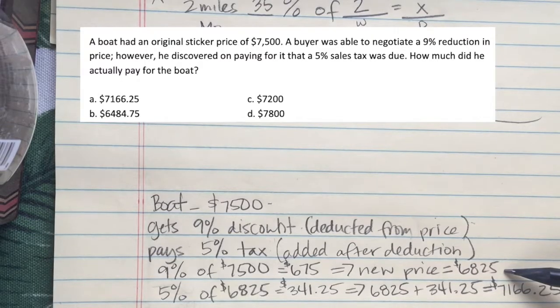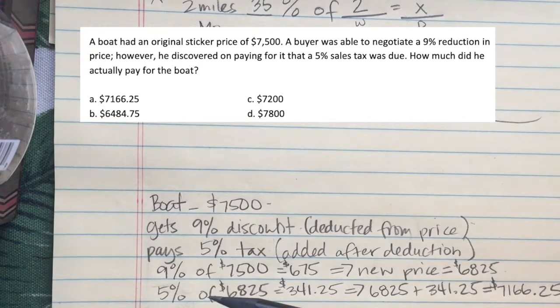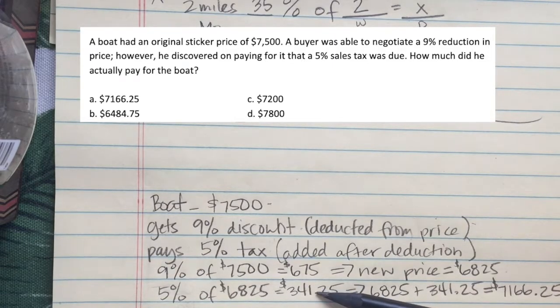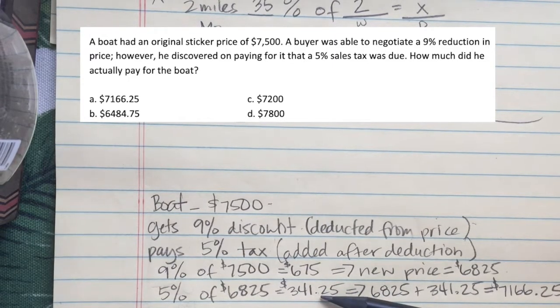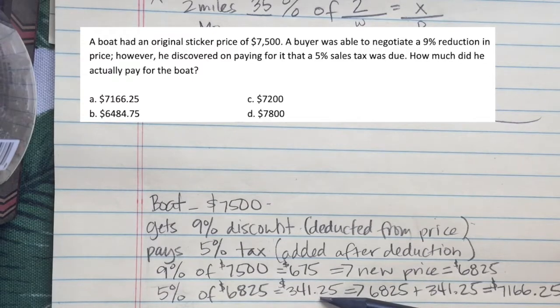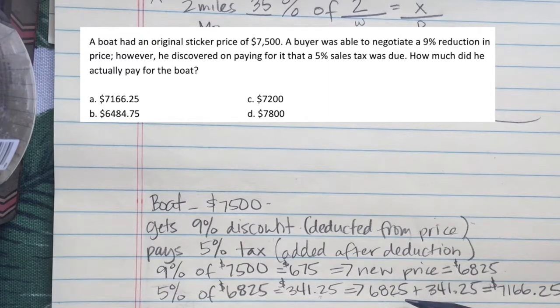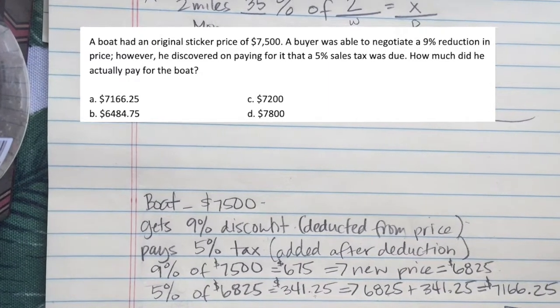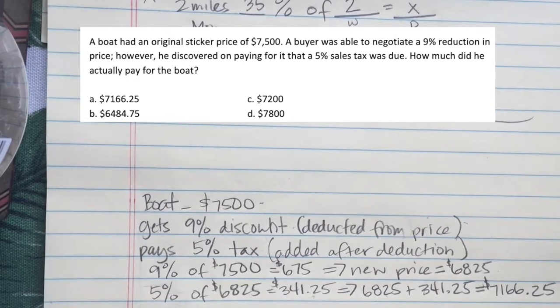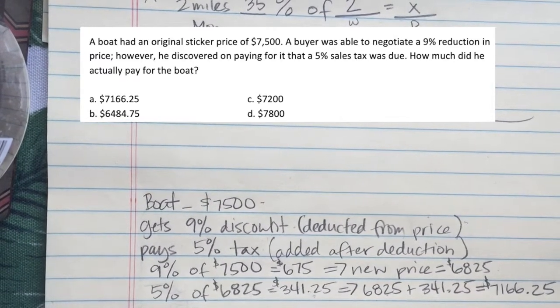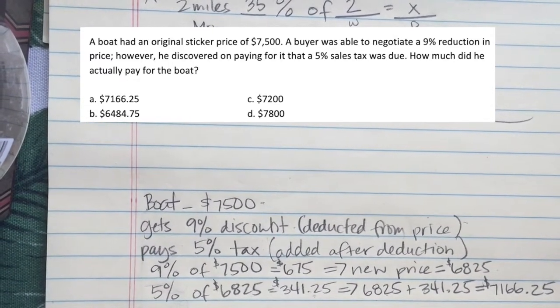Tax rate is 5%, so we have to do 5% of $6,825, which should have gotten you $341.25. This represents the tax, which is then added to this price. So $6,825 plus $341.25 is $7,166.25. Okay, whew, I know that was a lot of work.